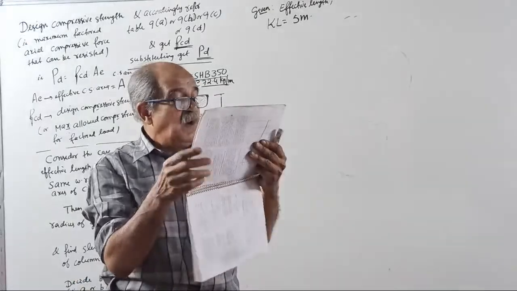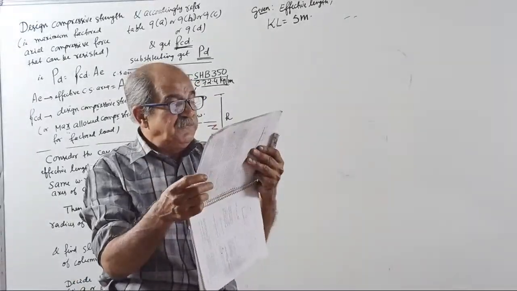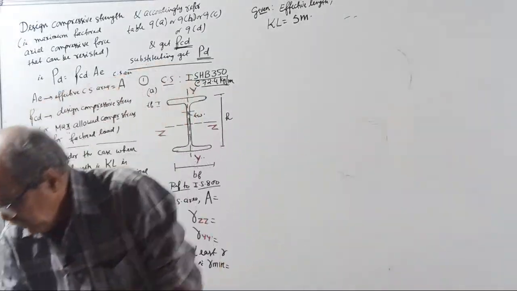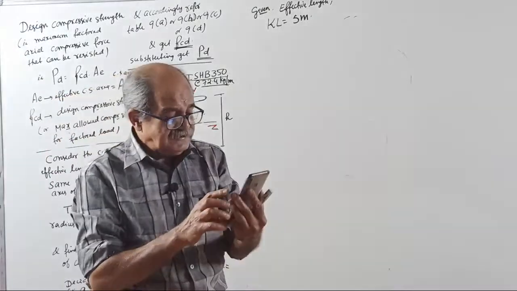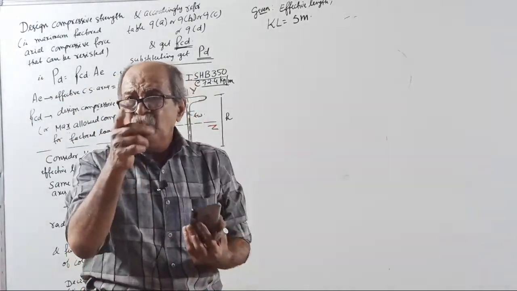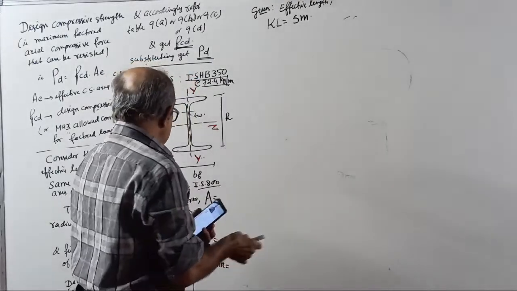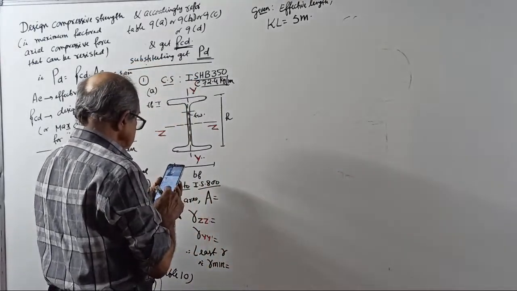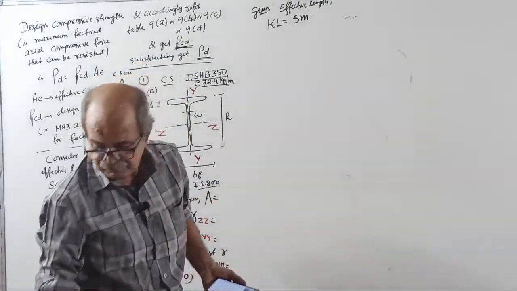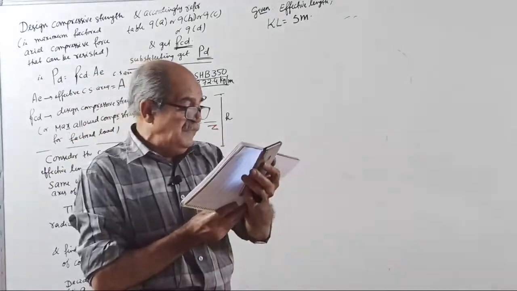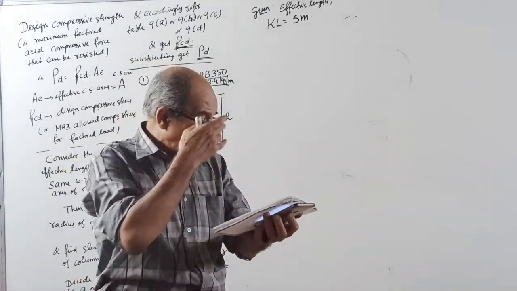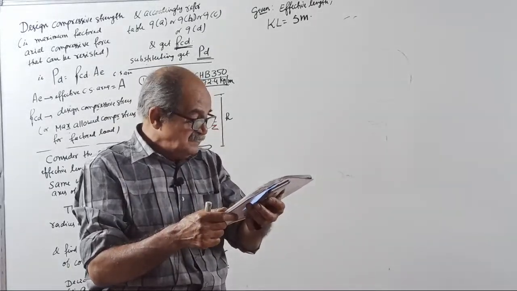ISHB 350, one of them is 67.4, the other is 72.4. You refer to 72.4. Tell me, what is the area? First area.